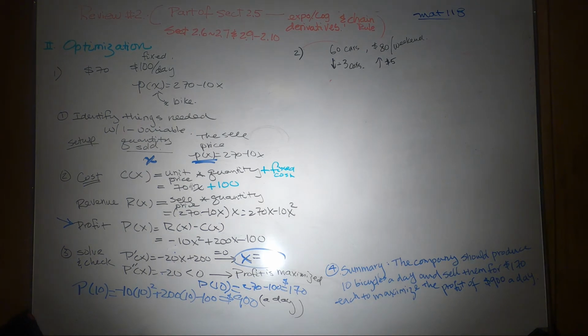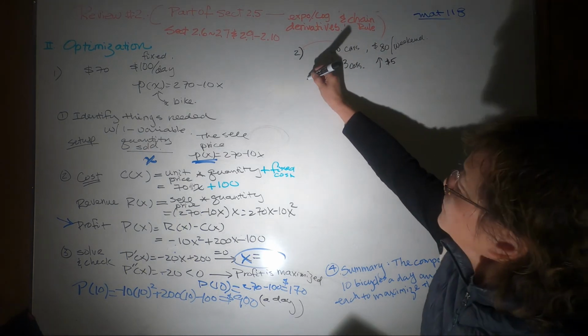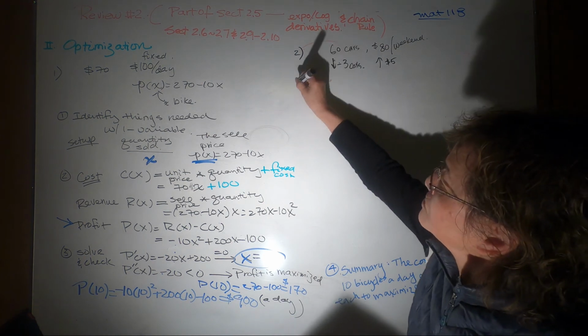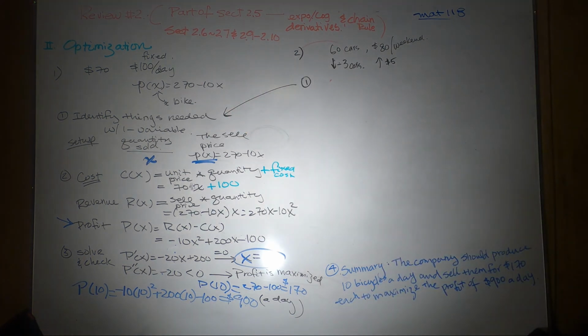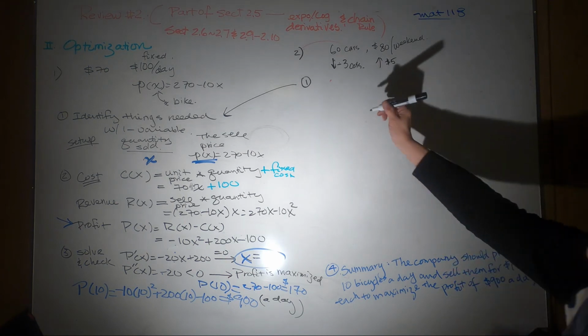So they want to maximize the revenue. So how should we do it? Same thing. First, identify things we need, with one variable. So we set up.